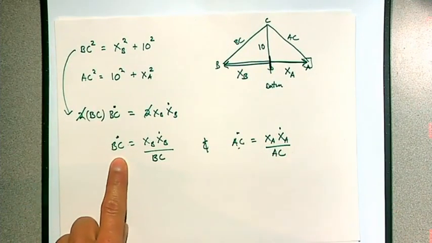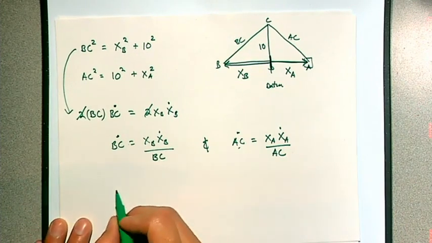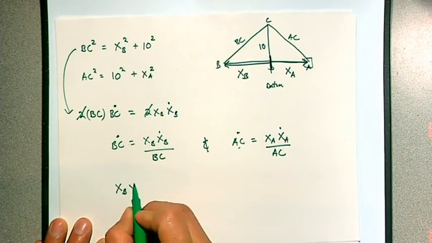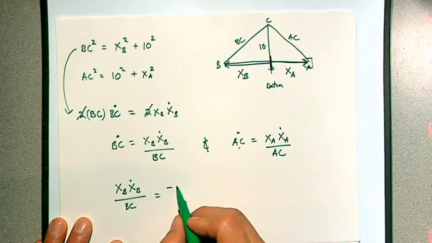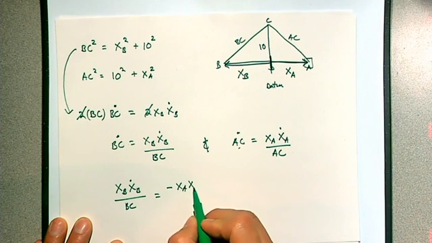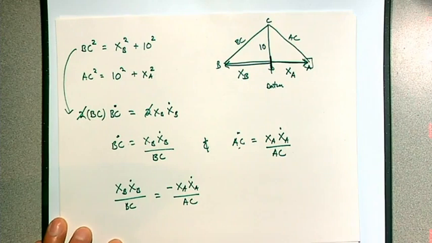These guys are opposites from our geometric constraint. So we can make these equal to each other. XB dot over BC is equal to the opposite of AC, so minus XA dot over AC.